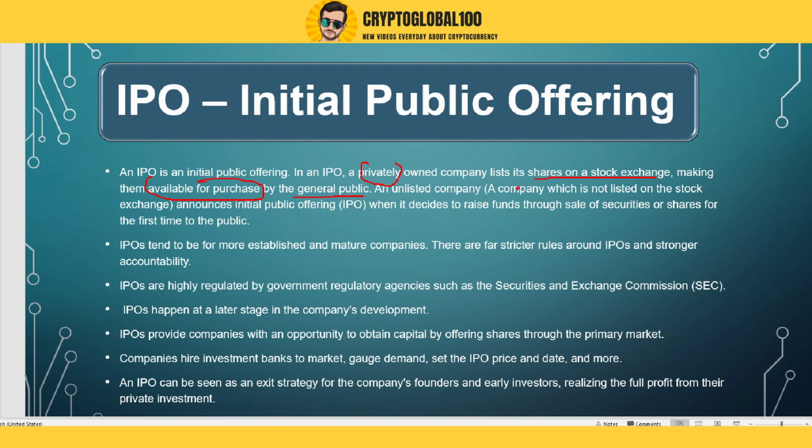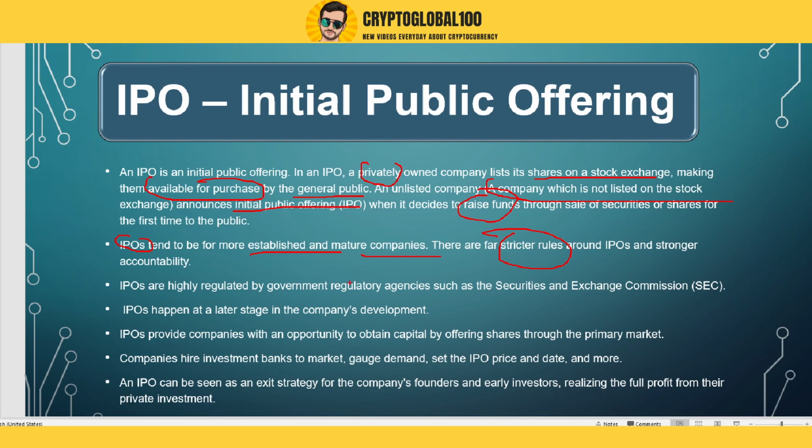Okay, an unlisted company, a company which is not listed on the stock exchange, announces its initial public offering when it decides to raise funds. This could be an exit strategy for them to move from a small company to a large company. IPOs tend to be more established and mature companies and they have strict rules as compared to the other forms of fundraising.